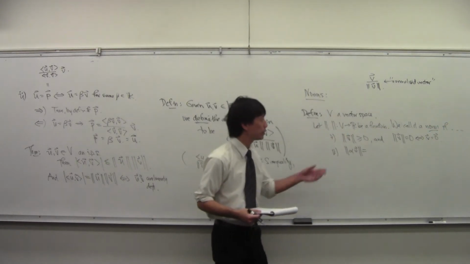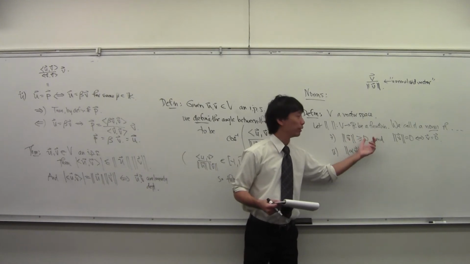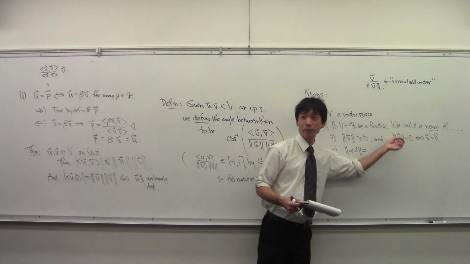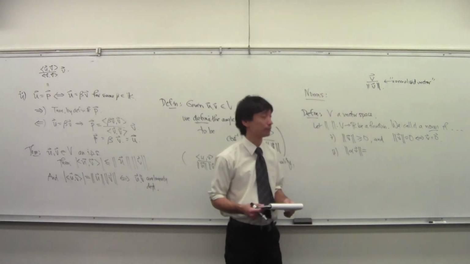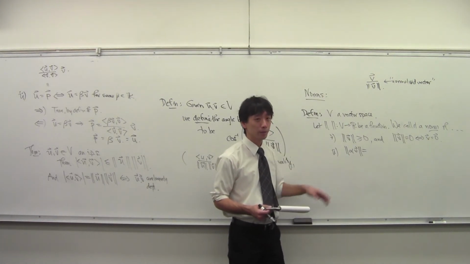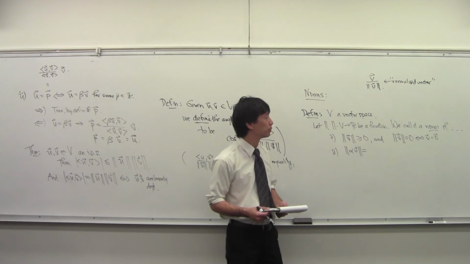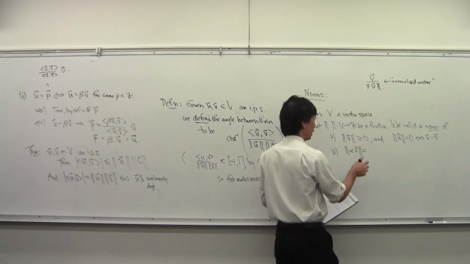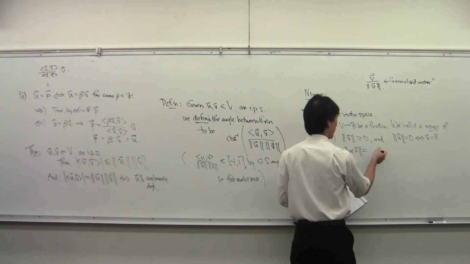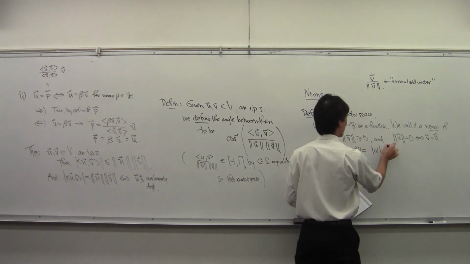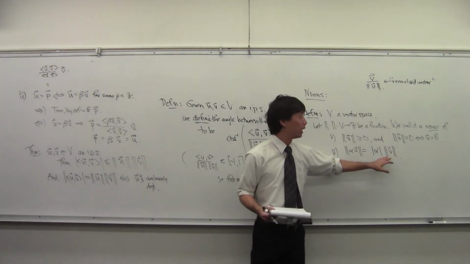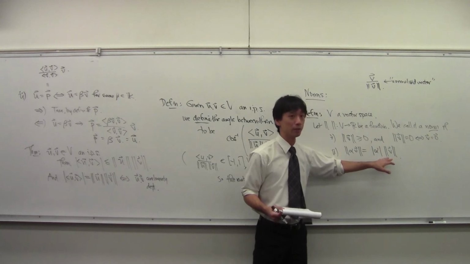First, the norm of anything has to be bigger than or equal to 0, and the norm is 0 if and only if the vector is 0. Second, the norm of a scaling of a vector is the absolute value of the scalar times the norm of the vector.